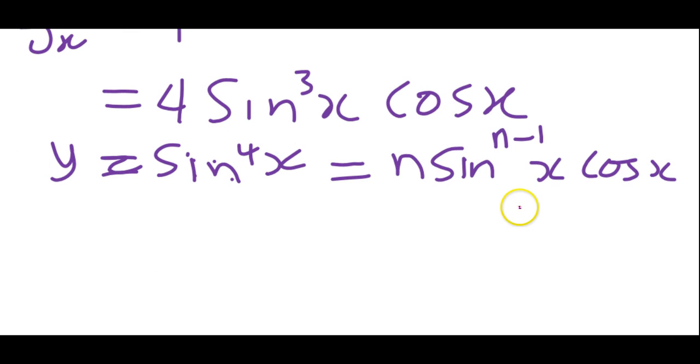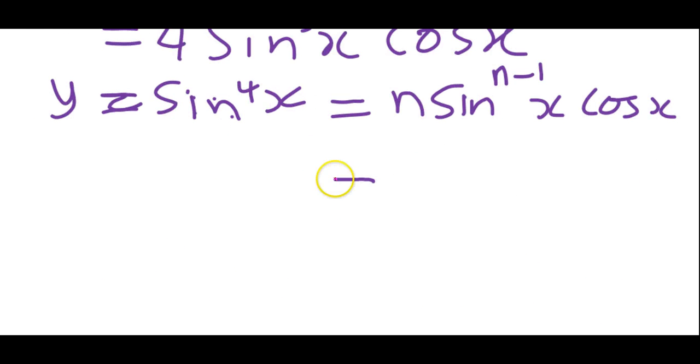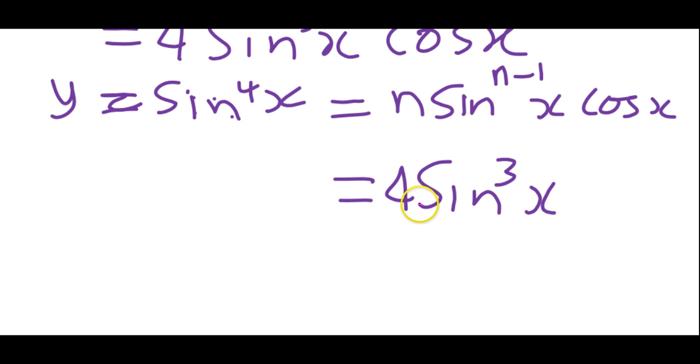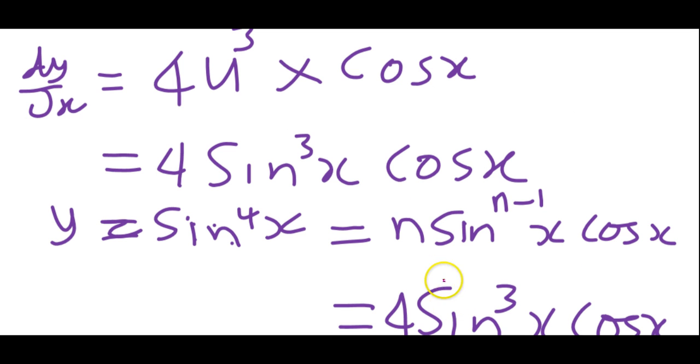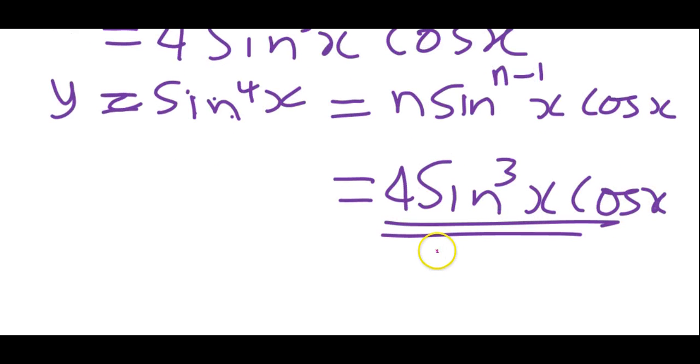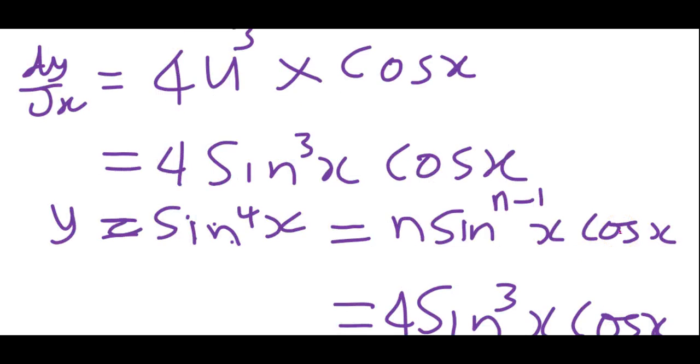So in view of that, if I want to substitute that straight away, I would say 4 sine, then I subtract 1, get 3, of x, then cos x will come straight away, and that is your result. And this is exactly what we solved as this. So what we have here is the same as what we had over here. See, they are the same. Good.